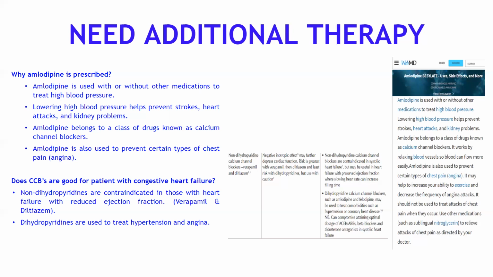While the dihydropyridines are used to treat hypertension and angina, which is amlodipine, because amlodipine is a dihydropyridine calcium channel blocker together with felodipine. So it is good to prescribe this medication in this patient because it is good in managing hypertension and angina.